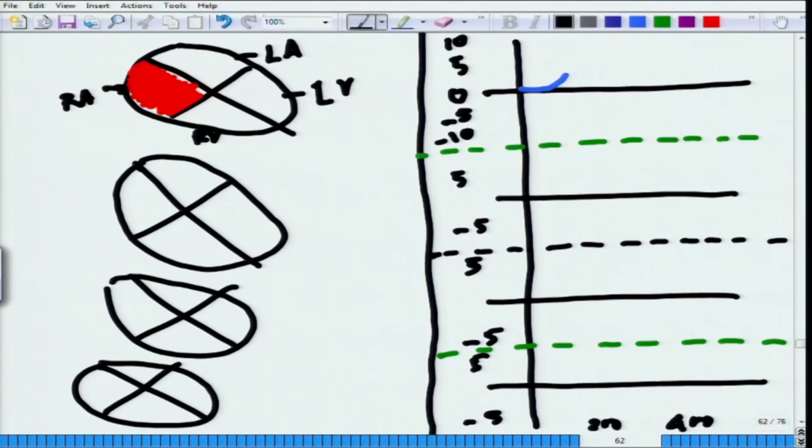Okay. So, the next step comes when both the left atrium and right atrium are completely excited because of the propagation of impulse from the conduction system.